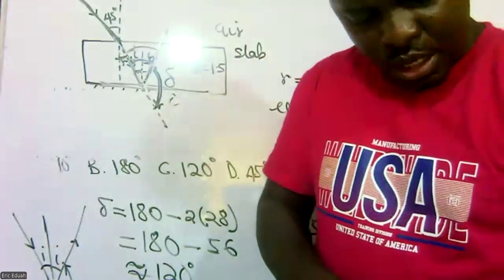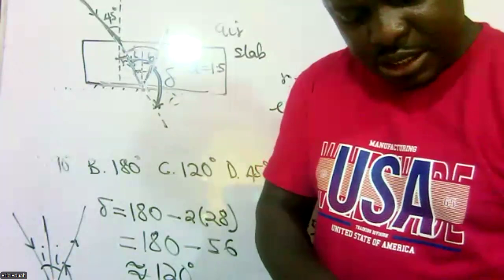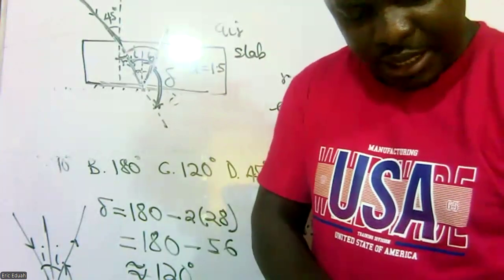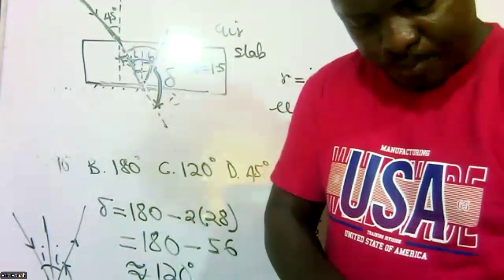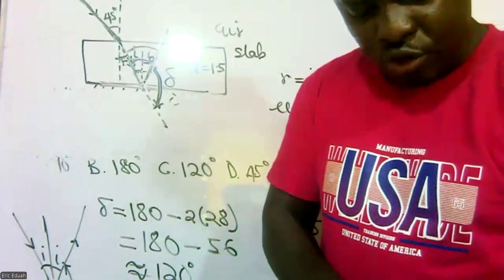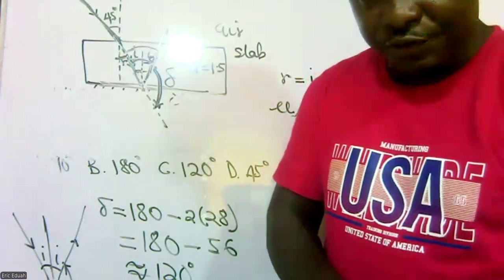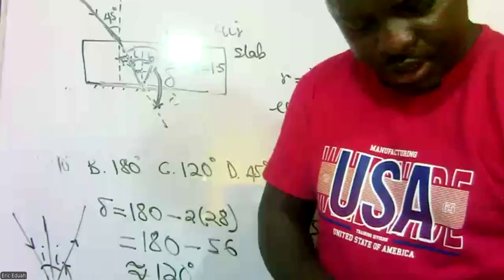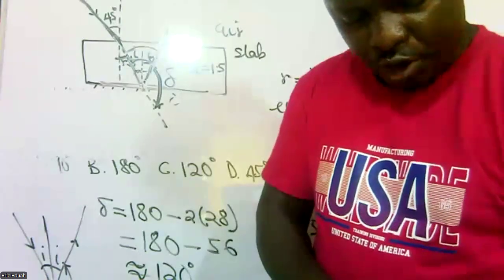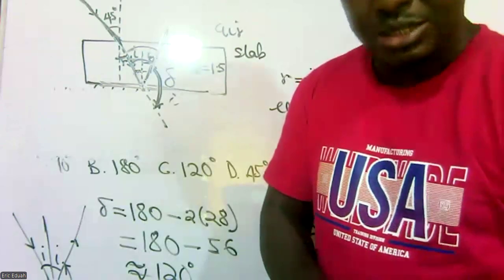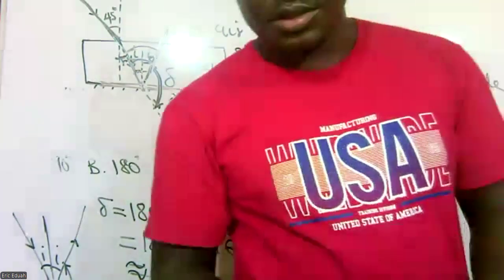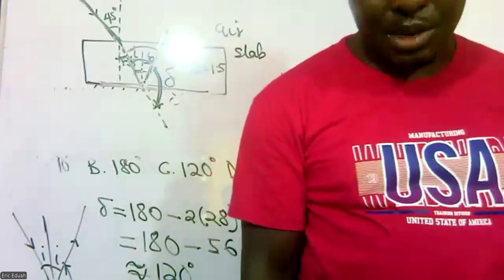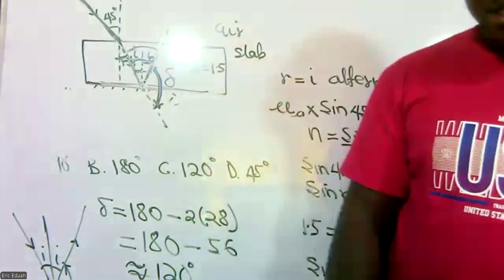I repeat, if the speed of light in ice is 2.3 times 10 to the power 8 meters per second, what is its index of refraction, the index of refraction of ice? And B, what is the critical angle of incidence for light going from ice to air? So 5 minutes. Make me proud.